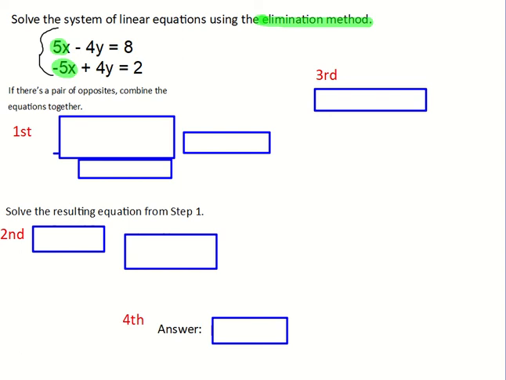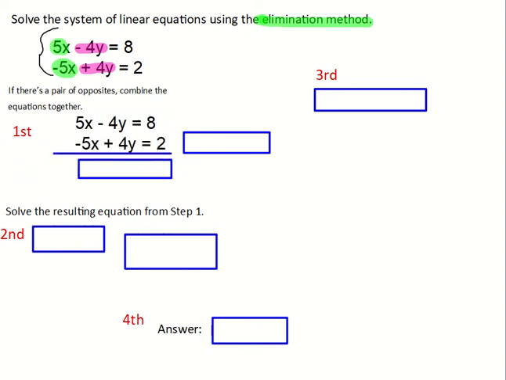And also, if you look at the y terms, negative 4y and positive 4y are also opposites. So since you have at least one pair of opposites for either your x or y terms, you can just start by combining these equations together. It pretty much means line them up, line up the x's with the x's, y's with the y's, equals with the equals, constants with the constants.